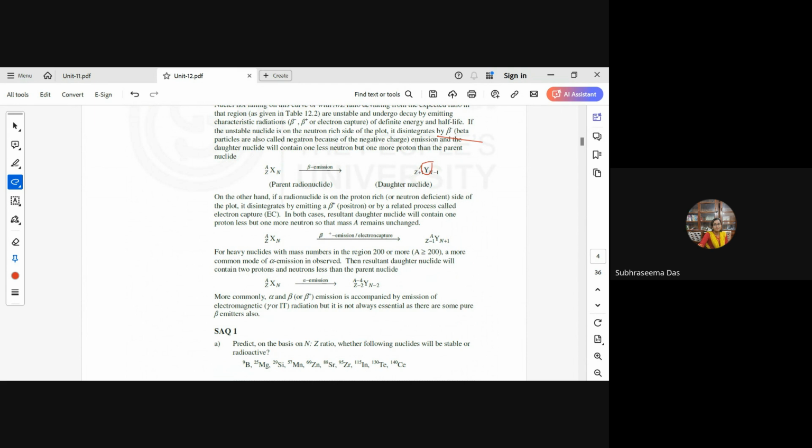For heavy nuclides with mass numbers in the region of 200 or more, a more common mode of alpha emission is observed. The resultant daughter nuclide contains two protons and two neutrons fewer than the parent nuclide.